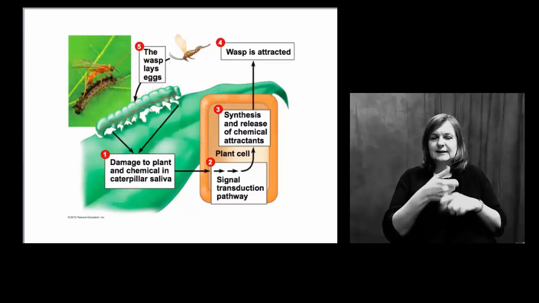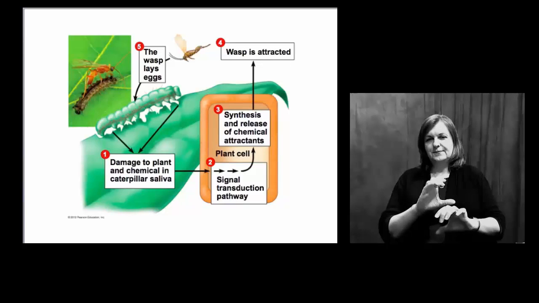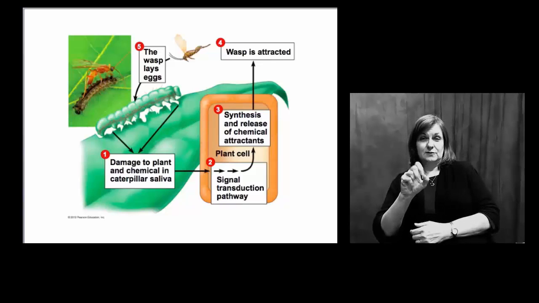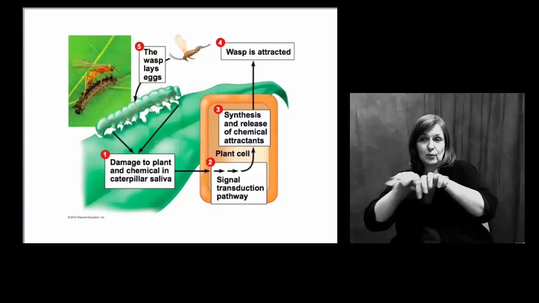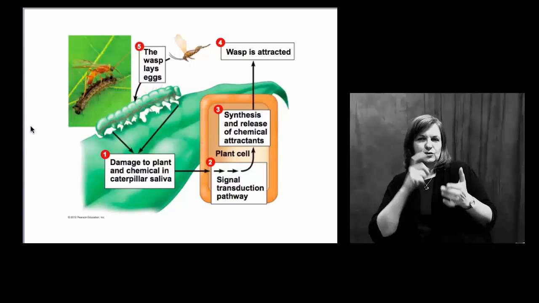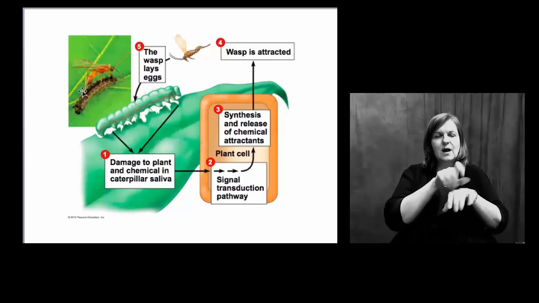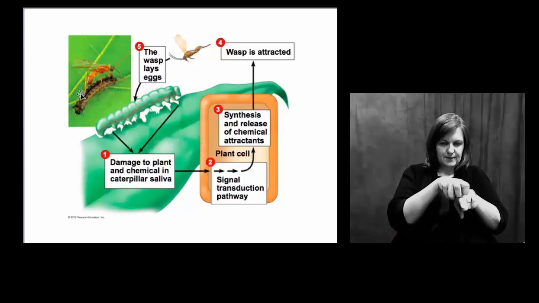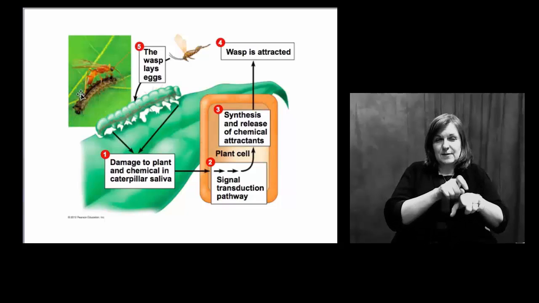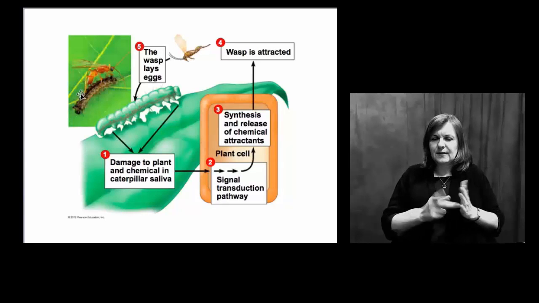But it's producing a chemical pathway that releases a chemical through its stomata that attracts, in this case, a wasp, okay? And you see here this wasp sitting on the back of the caterpillar. Turns out that caterpillar is going to play host to hatching that wasp's eggs. What do I mean by that?